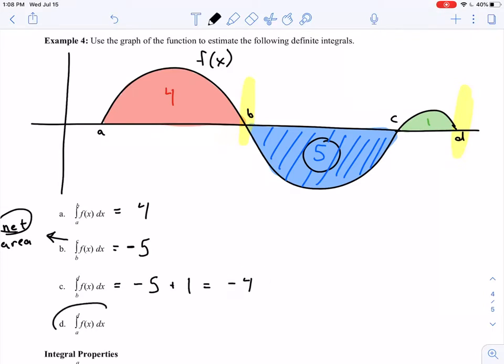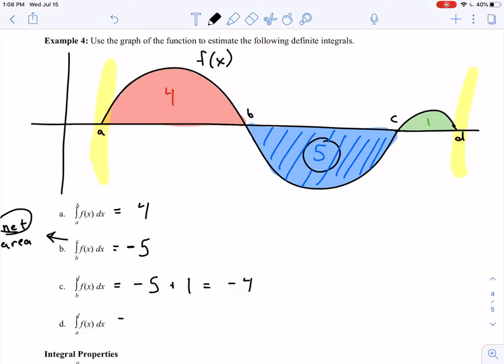And then finally, the definite integral from a to d. Starting over here at a, working our way over to d right here, what is the net area? Again, I'm counting area above the x-axis as positive and area below the x-axis as negative.